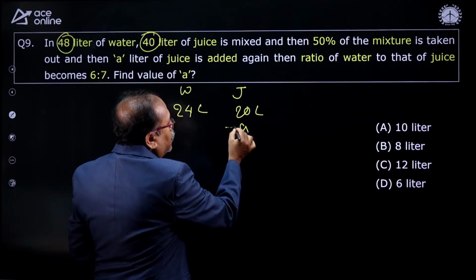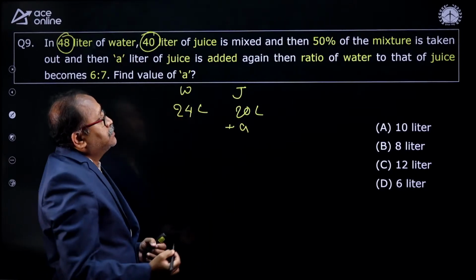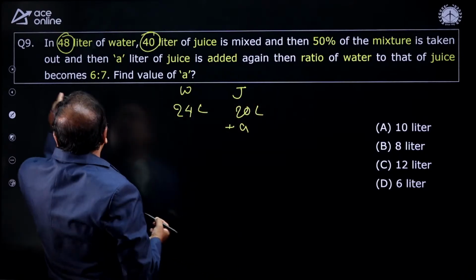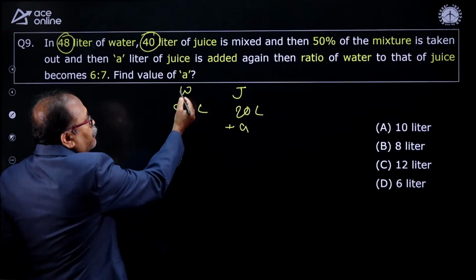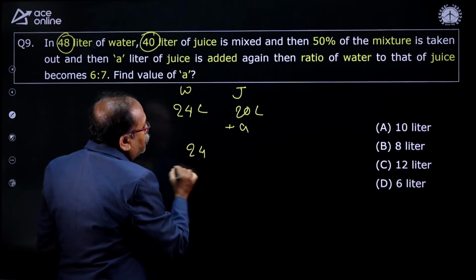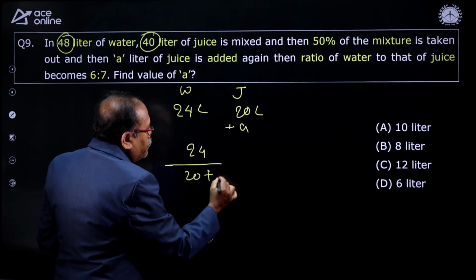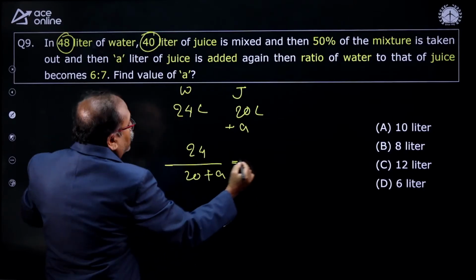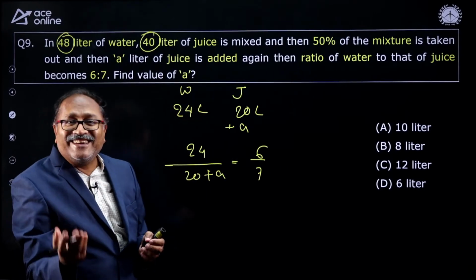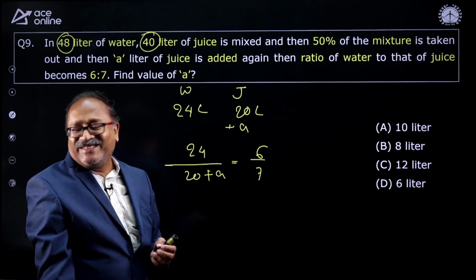So you are adding A liters of juice and the ratio of water to juice is 6 to 7. That means 24 by 20 plus A is equal to 6:7. You are asked to find out what is A.